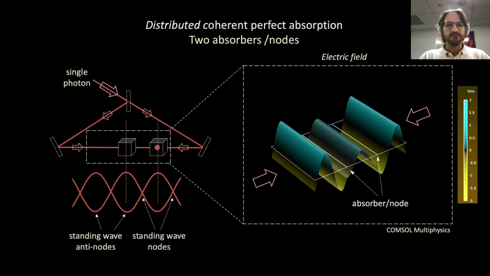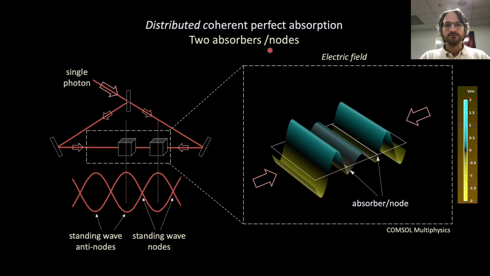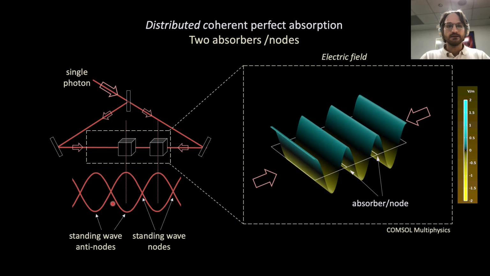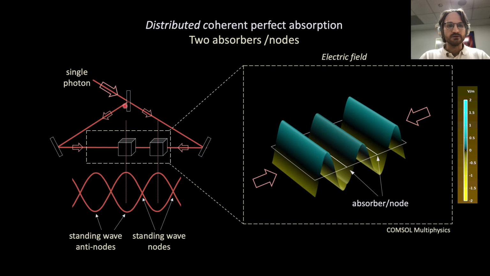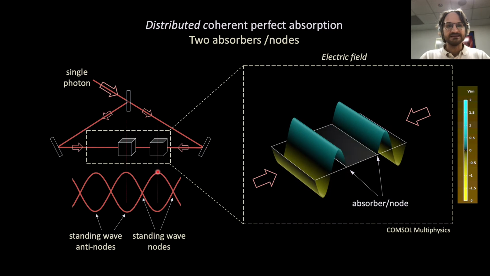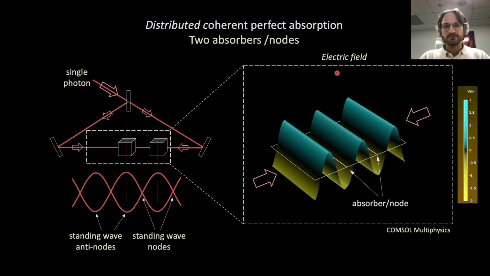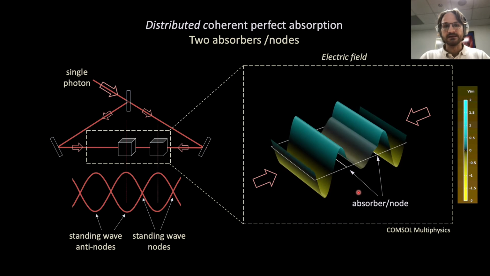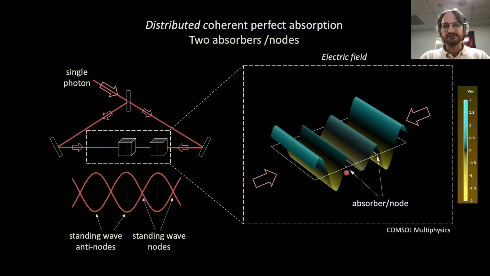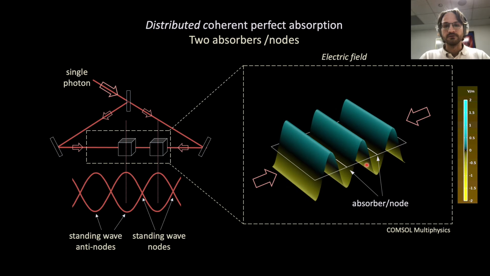And we keep in mind that instead of absorbers, we may use nodes of the quantum networks. So for instance, on this slide, we use two absorbers placed at two separate antinodes of the standing wave. And when we simulate this system, we see that again only input light is present and we don't see the outgoing light.